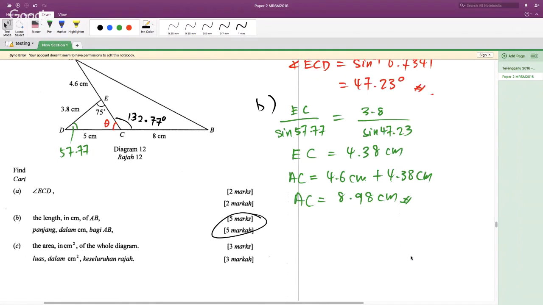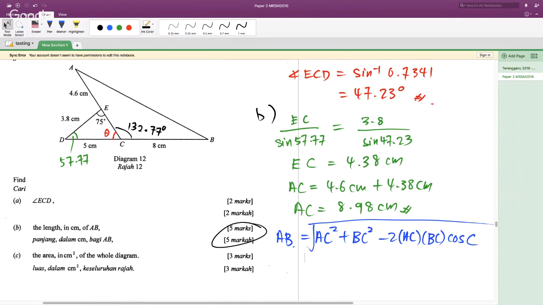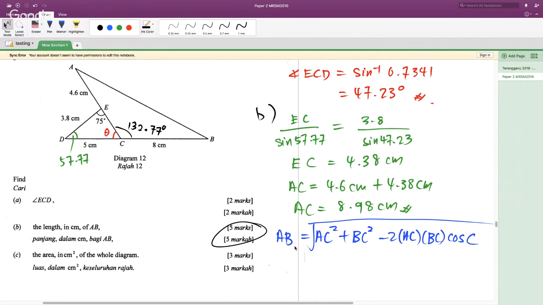So I will say AB square equals AC square plus BC square minus 2 AC BC cos C. All right, then I move the square to the other side, it becomes square root of the whole thing. Okay, now I substitute again.